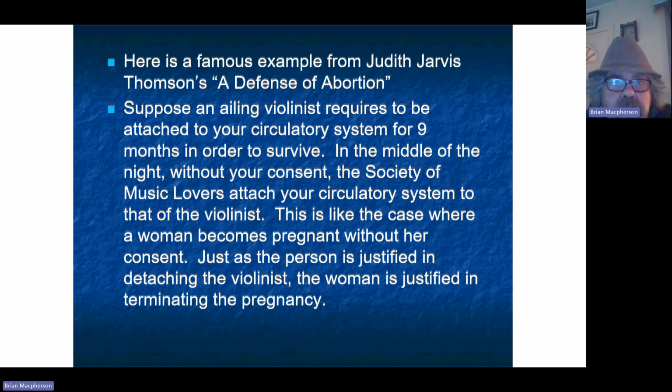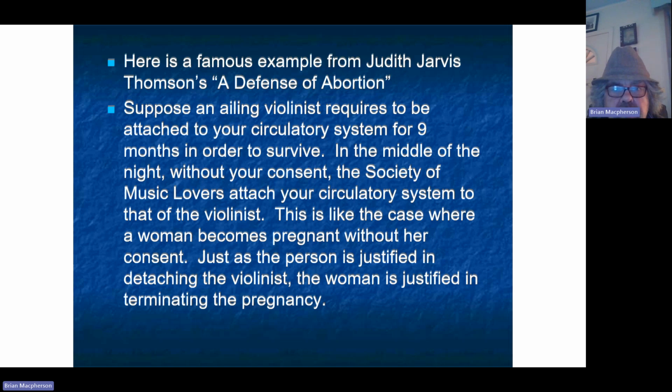Suppose an ailing violinist requires to be attached to your circulatory system for 9 months in order to survive, right? So in the middle of the night, without your consent, the Society of Music Lovers attaches your circulatory system to that of the violinist. And as Thomson goes on to say, this is like the case where a woman becomes pregnant without her consent.